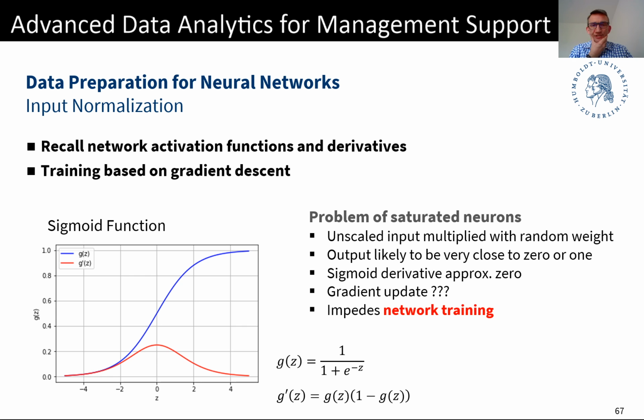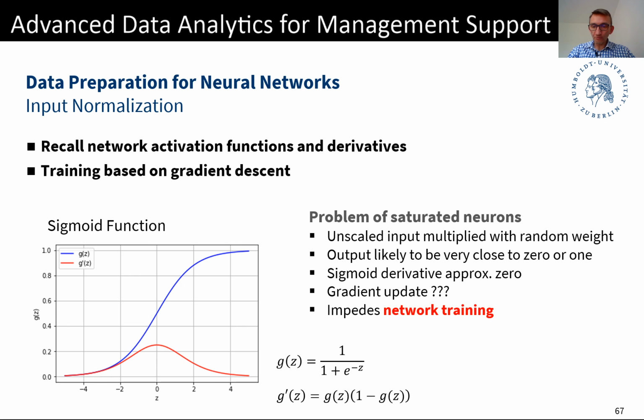You can imagine how this is detrimental, because how would the network learn to distinguish between two customers with very different salaries, since the output of our hidden unit will always be 1? The customers look exactly alike. That is the problem.